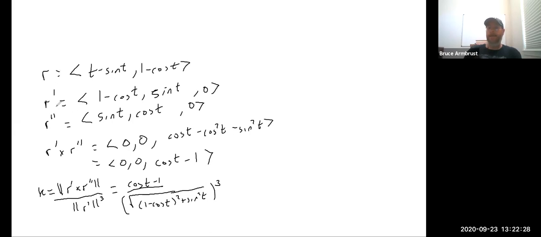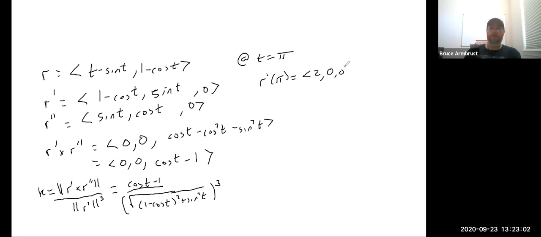Now, they did specifically ask us to figure this out when I think it said t equals pi. So when you're given a location, a t value, what I do is plug this in before I use the formula. So basically r prime of pi, if I use that formula, cosine of pi is -1, so I get 2, sine of pi is 0.